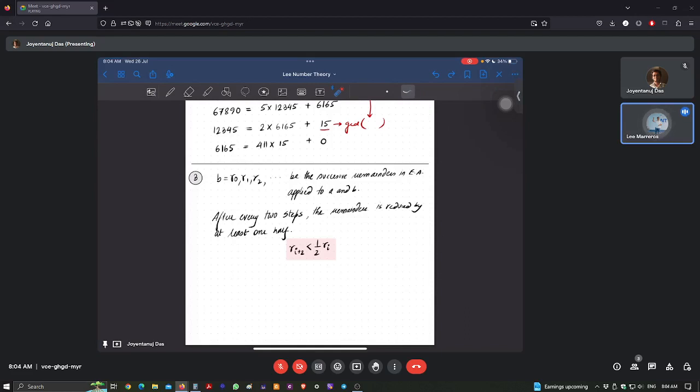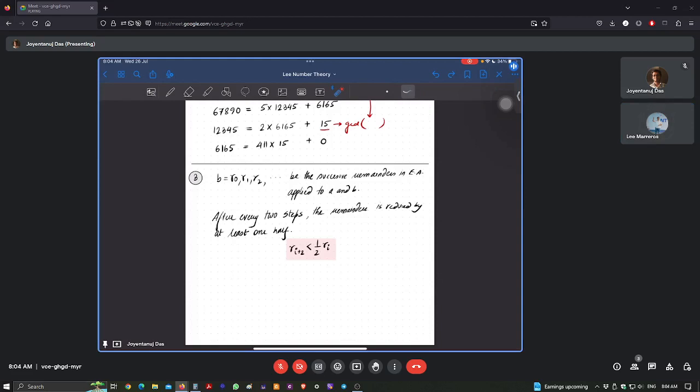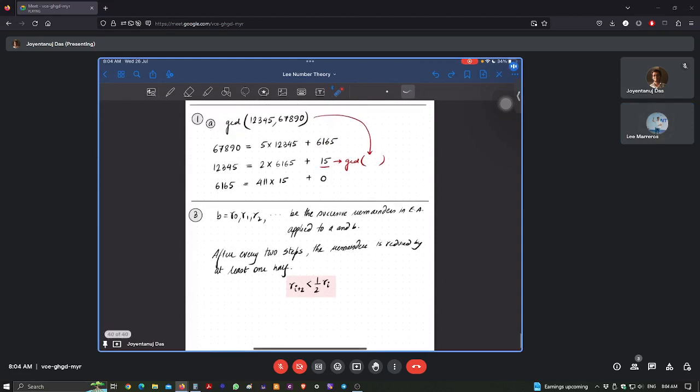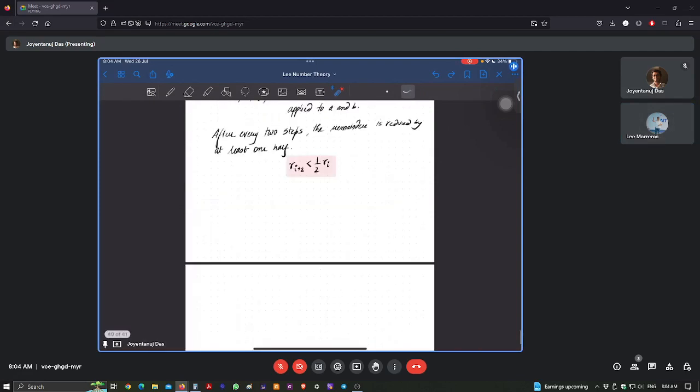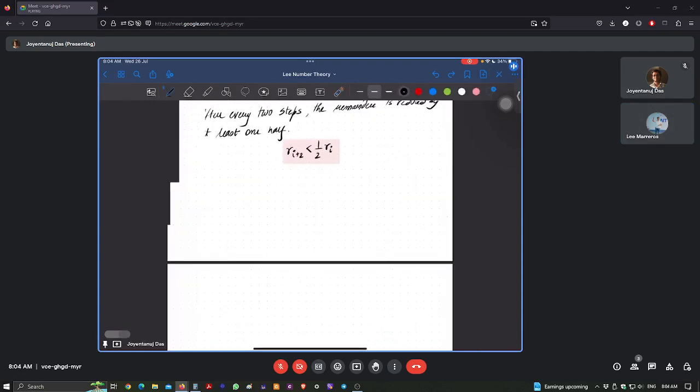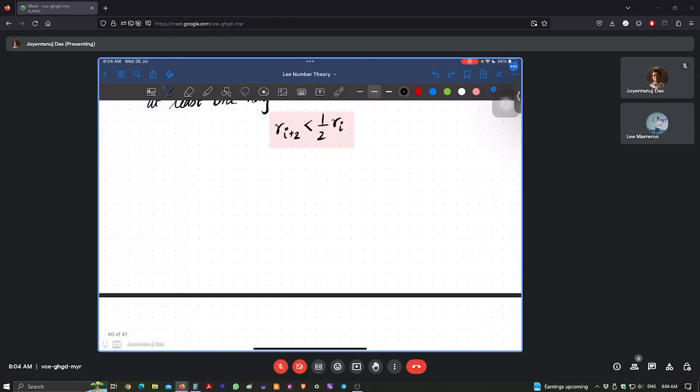So let's replace Ri plus 2 in the general formula. The thing is, we always know that these remainders are decreasing. That much we know. This sequence of remainders is decreasing.